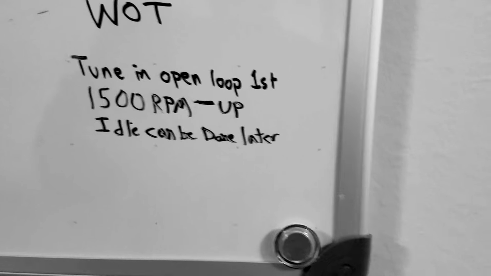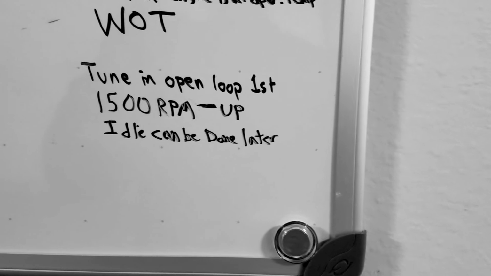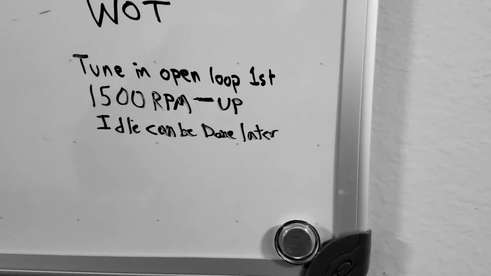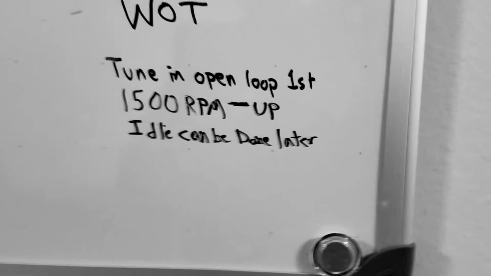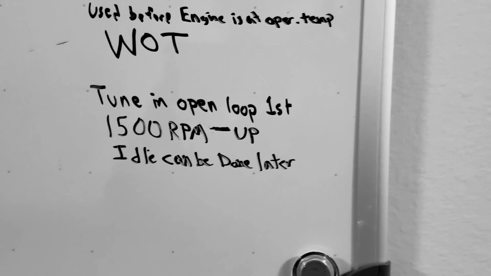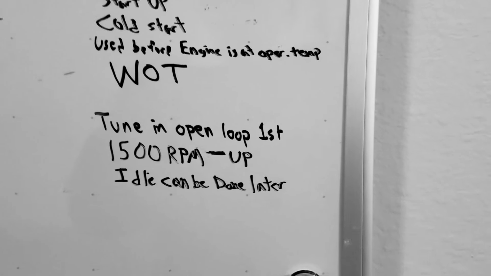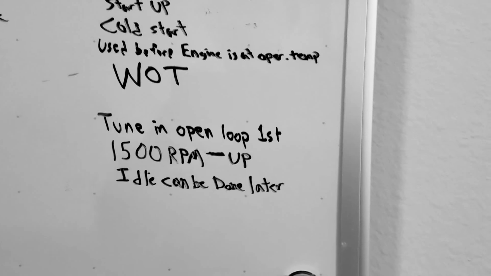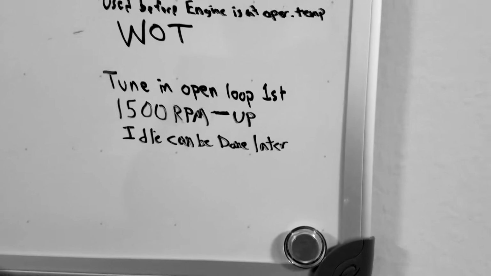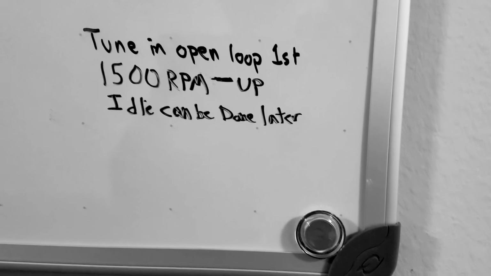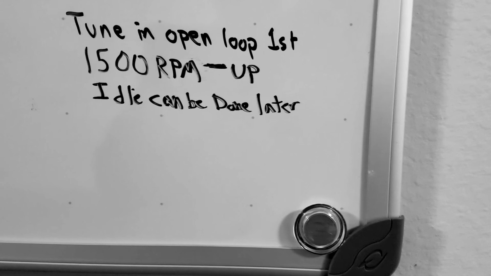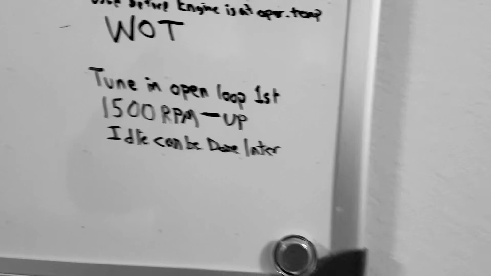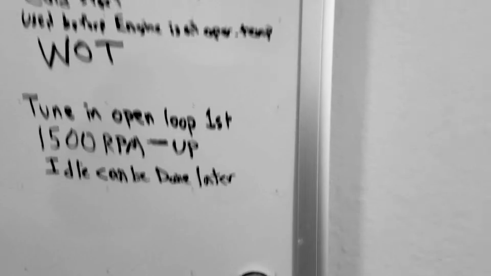Say we're on the engine dyno, tuning the car on the dyno. You would really want to start within the widest RPM band and try to get those fuel and spark tables set in that big wide range. Then once we have those dialed in, we can go in and set the idle, because idle is pretty difficult to tune.